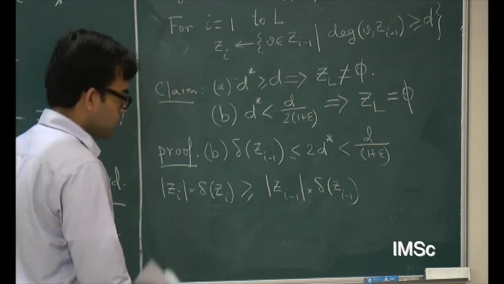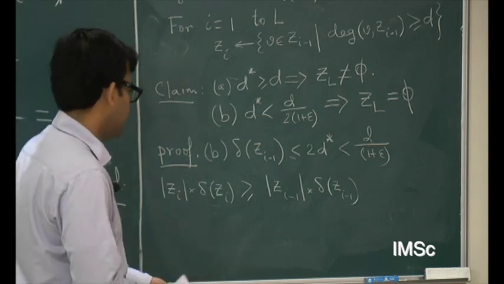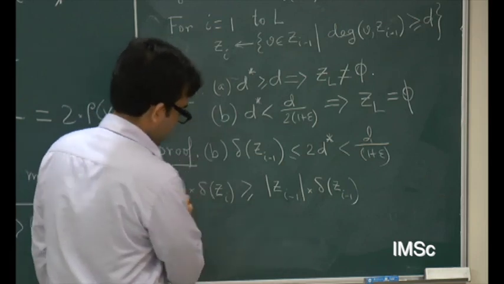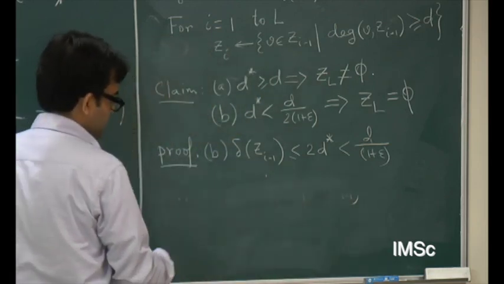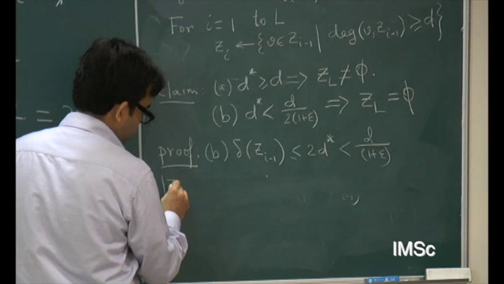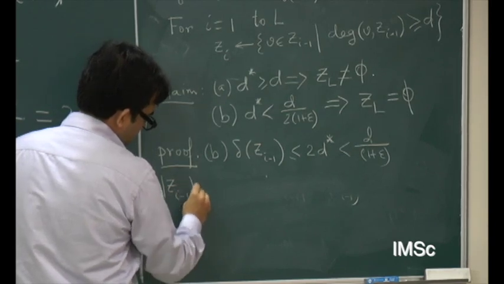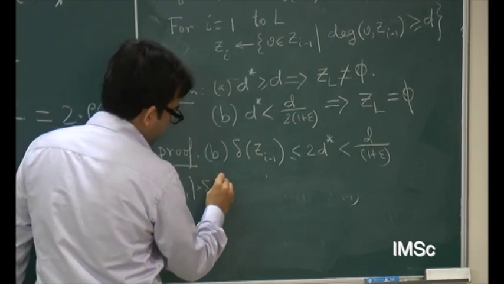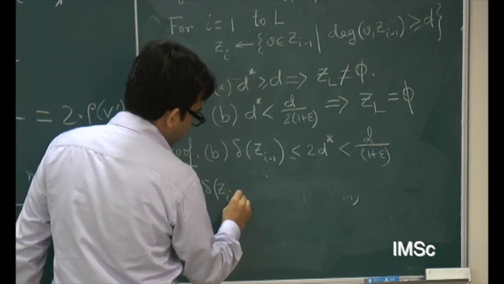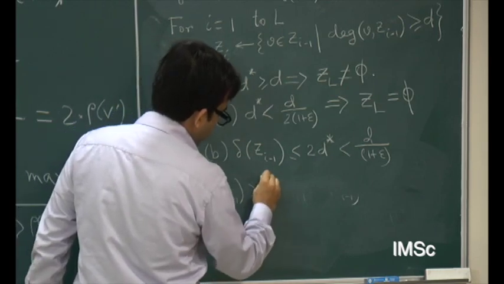Oh, sorry, it is the other way around. The total degree in Zi minus 1 is greater than or equal to the total degree in Zi.